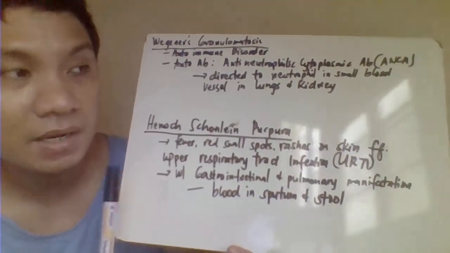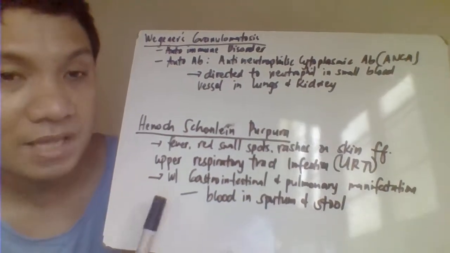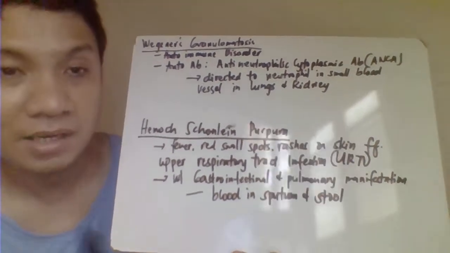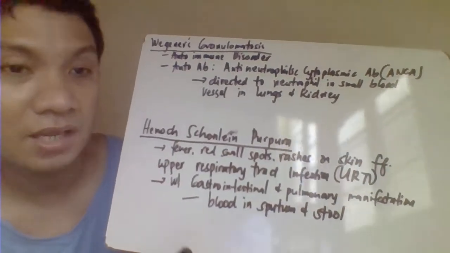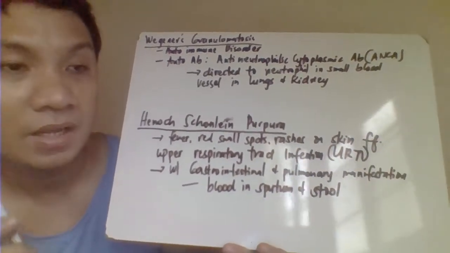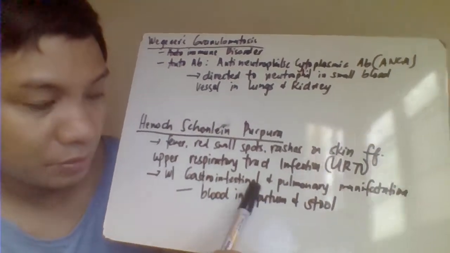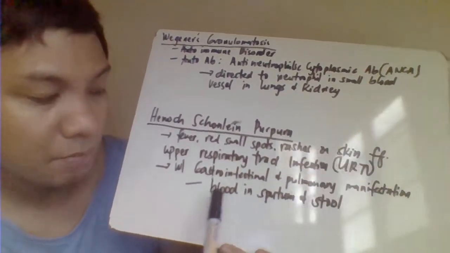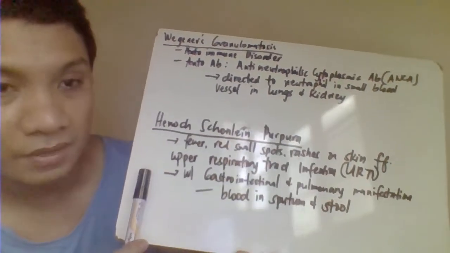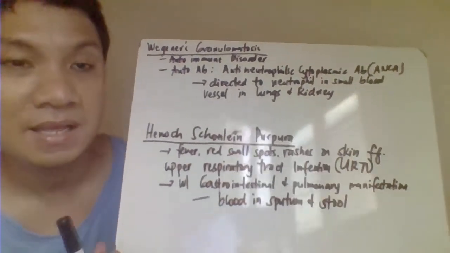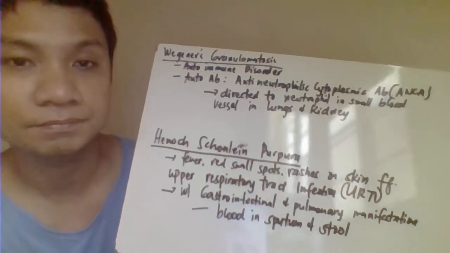And then again, meron siyang gastrointestinal tract and pulmonary manifestation which try to damage your lungs or kidney, characterized by the presence of the blood in the sputum or even the blood in your stool sample. Gastrointestinal tract, so you have your blood in the stool, pulmonary, you have blood in your sputum. Okay, that's your rashes, red small spots on the skin. That's your Henoch-Schönlein purpura.